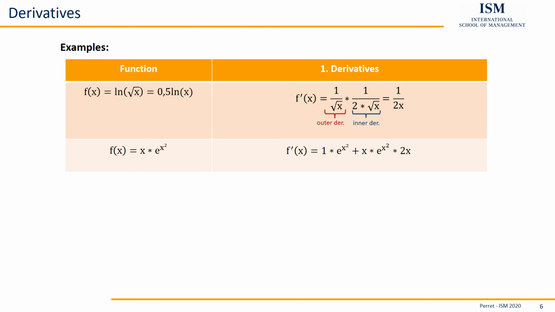If you think about that, square root of x is actually x to the power of 1/2, you can use this to rewrite ln of square root of x as 1/2 times ln x. And well, for 1/2 times ln x, the derivative is simply 1/2 times 1 divided by x. So it's simply 1 divided by 2x.